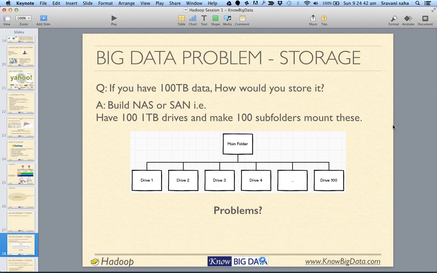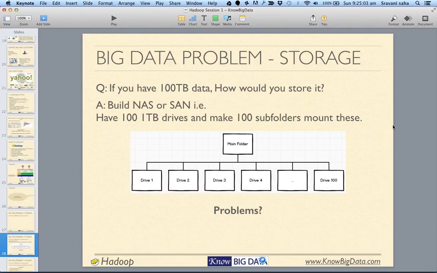Good. All right. So the classic way we solved the problem was using a network attached storage or storage area network, and building something of this sort.